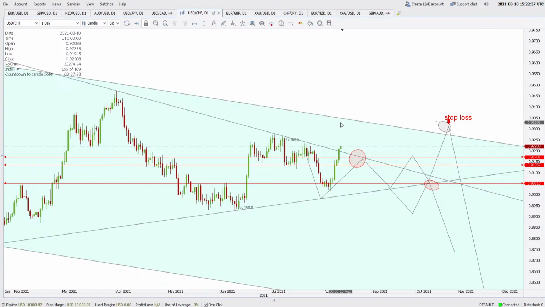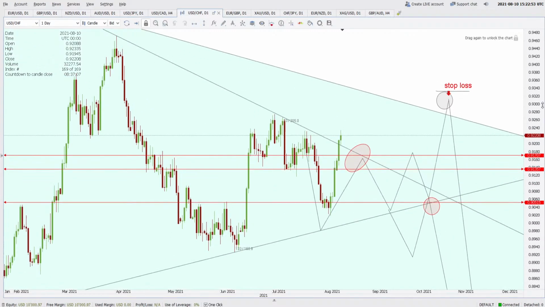Although remember that US dollar is very strong already, so even if the price goes back to test this broken symmetrical triangle's line as a fresh support, then this area here, 0.9170 area, will act as a good support because it is a confluence of two supports. One is this horizontal line and second is this falling line. So this area will be of interest if the price starts coming down.